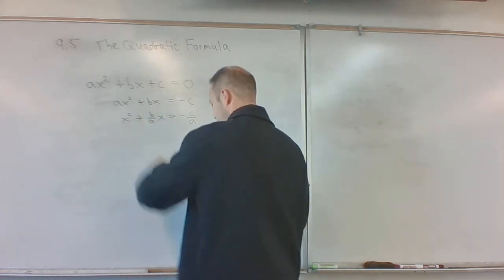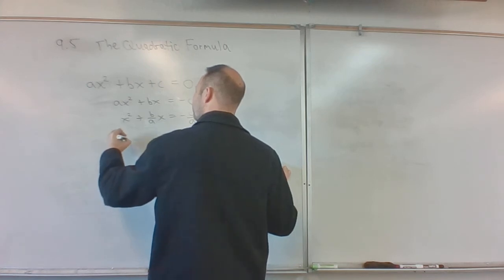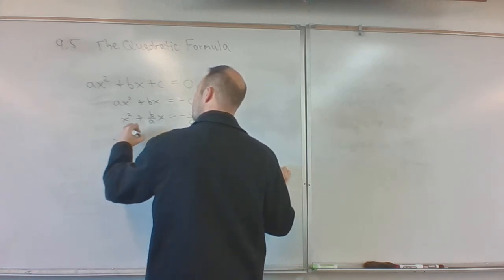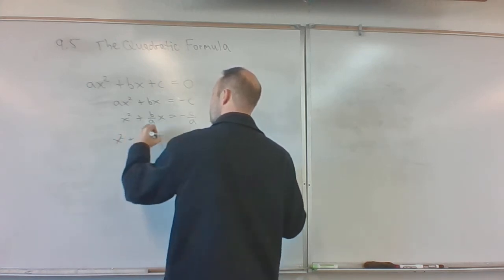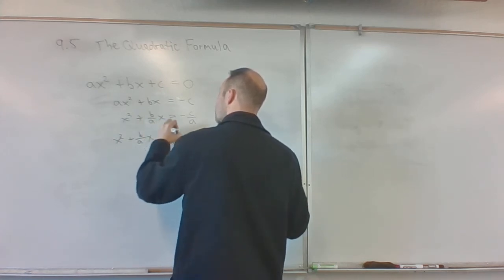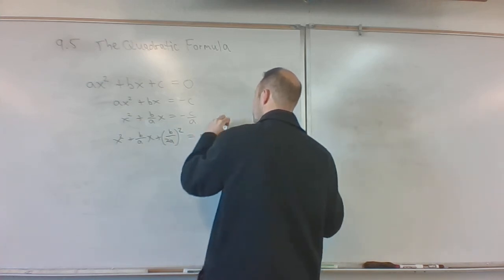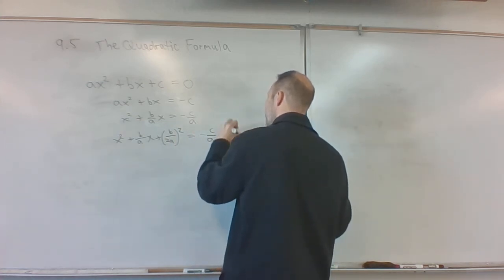And so that's how we'll write this. So what we'll do is we'll take our x squared plus b over a x plus b over 2a squared equals negative c over a plus b over 2a squared.